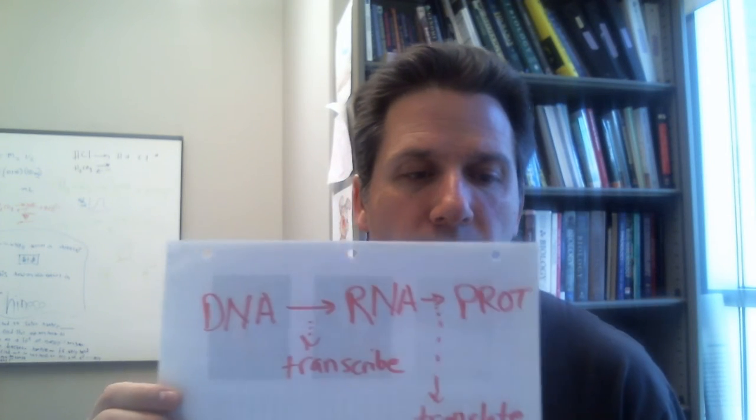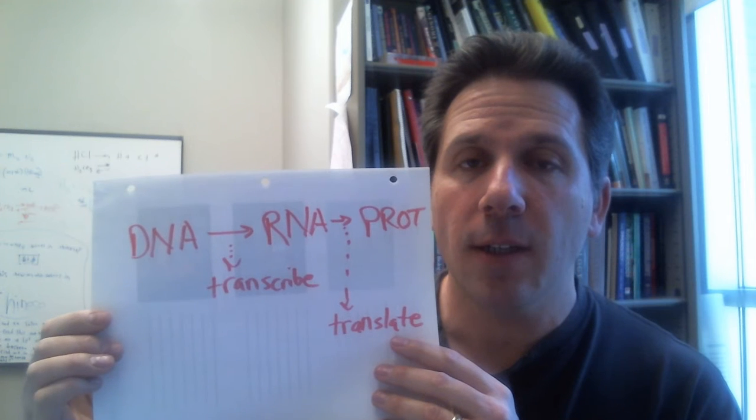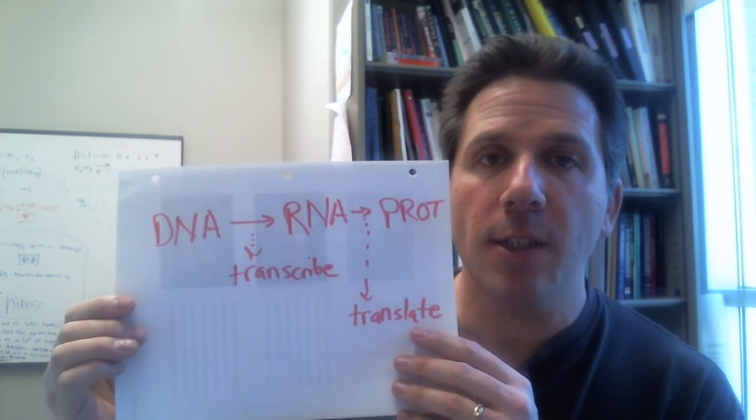For the week of March 23rd, so that's our first week after spring break, we're going to be covering gene expression. So that's chapter 17 in Campbell's and chapter 9 in the Cell Concepts website. If you remember gene expression, I introduced the dogma of biology, the central dogma, DNA to RNA to protein.